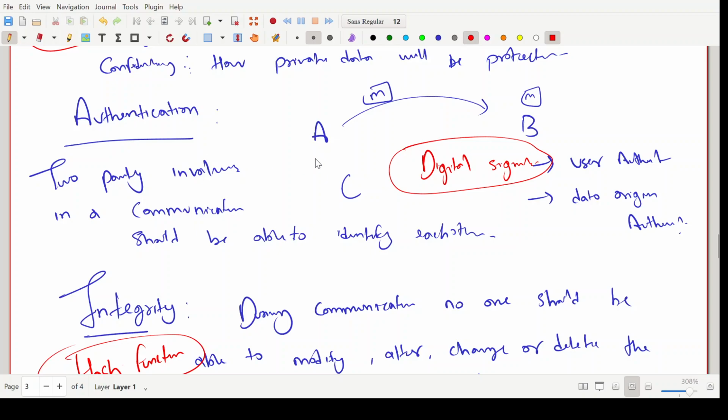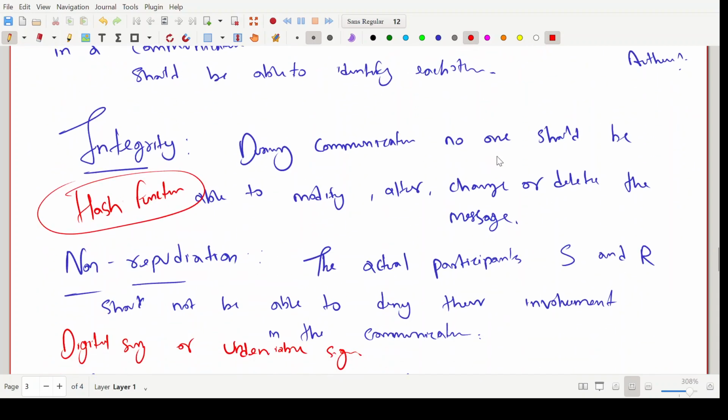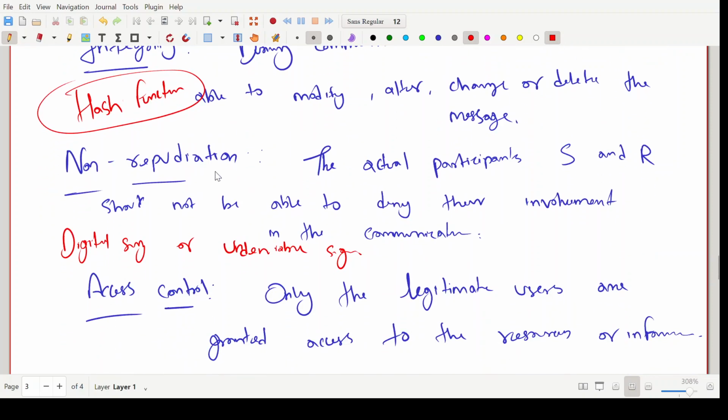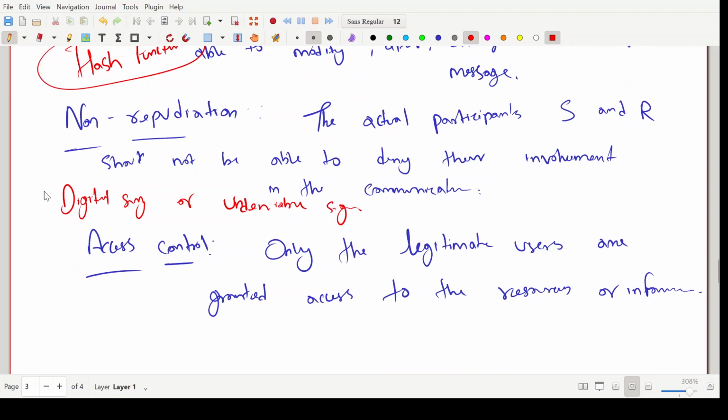Authentication means you should be able to authenticate the source of the message, or the entity who has sent the message. That can be achieved with a digital signature. Integrity means your message should not be altered or modified. That can be achieved by a hash function. Non-repudiation means the actual participants should not be able to deny their involvement, so that can again be solved by a digital signature, or, in advanced cases, an undeniable signature.